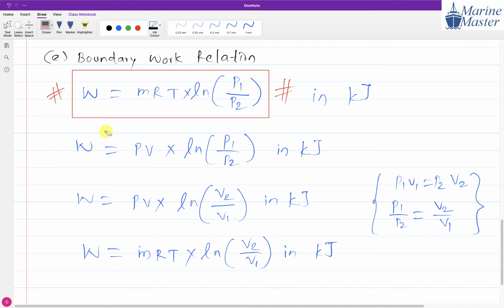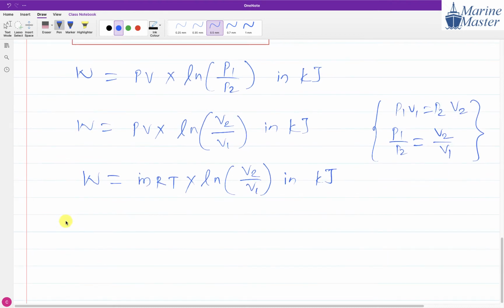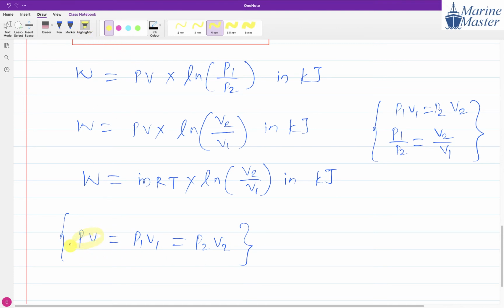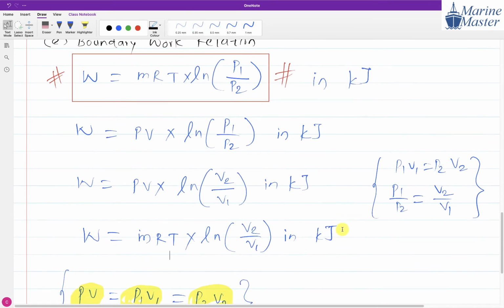So in place of PV, we can take either P1 V1, because that's what we have said, or P2 V2. So instead of PV, we can take point 1 or point 2. Same for the MRT here, because temperature is the same.